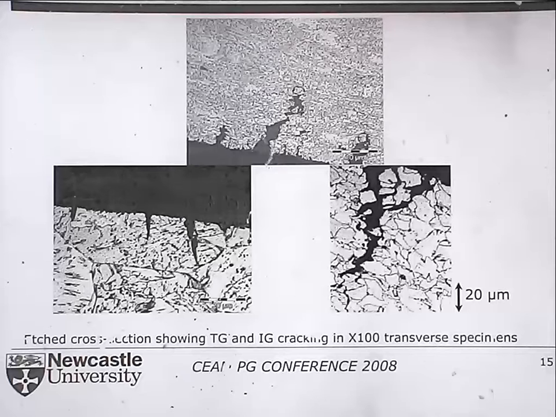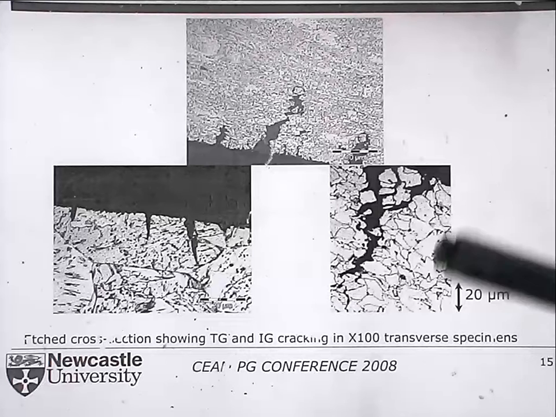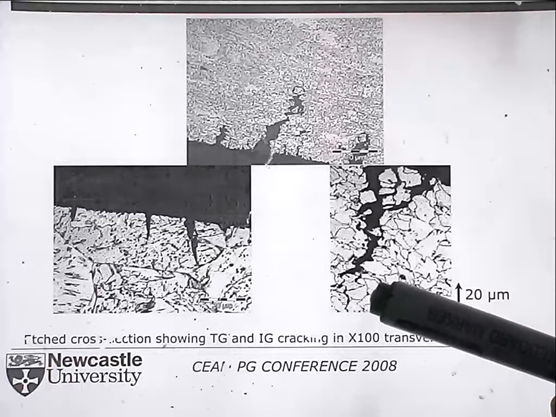So what quite often happens is, as you change the potential, you can move from an intergranular to transgranular cracking mode. And I'm just trying to think how that goes.